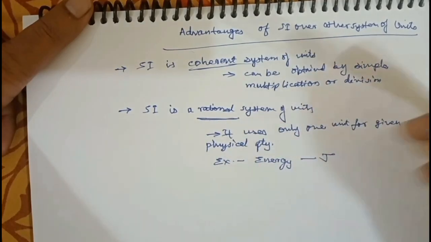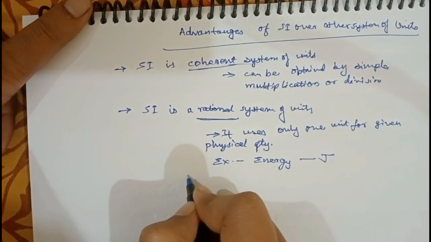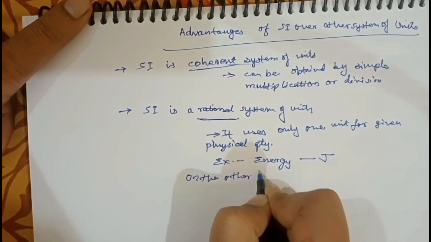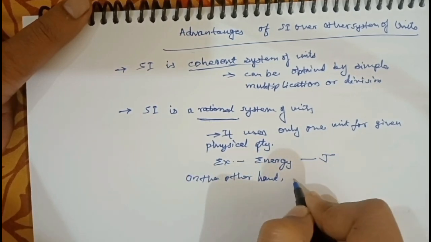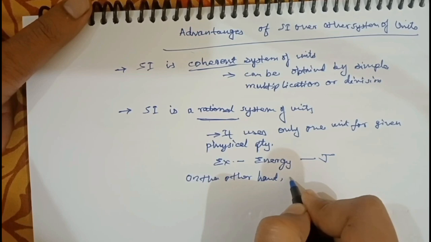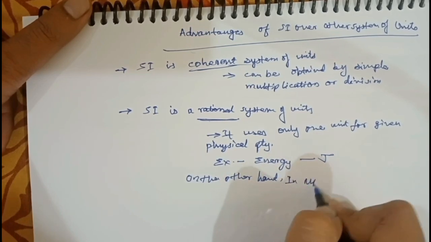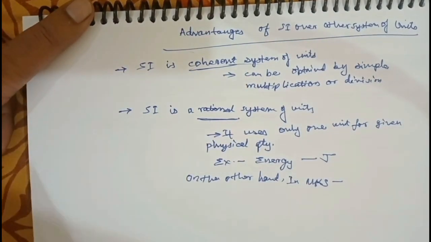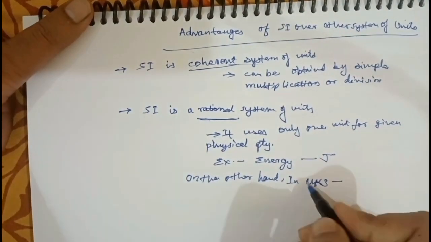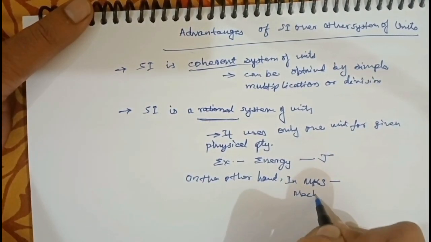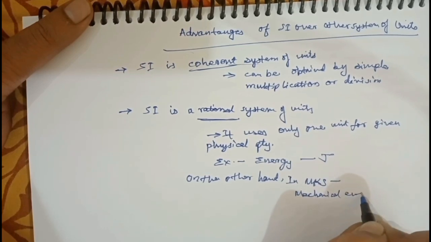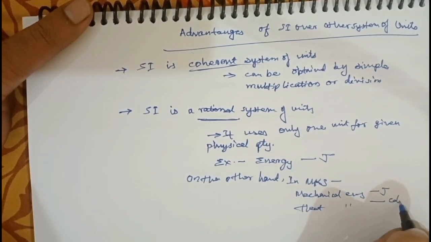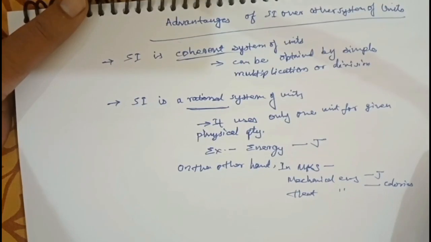On the other hand, in the MKS system, mechanical energy is measured in joule, heat energy in calorie, and electrical energy in watt hour.